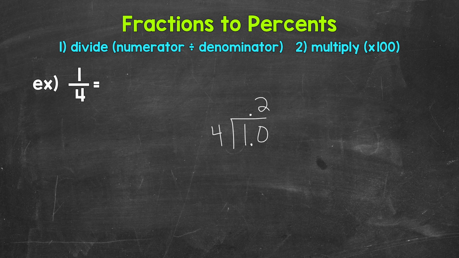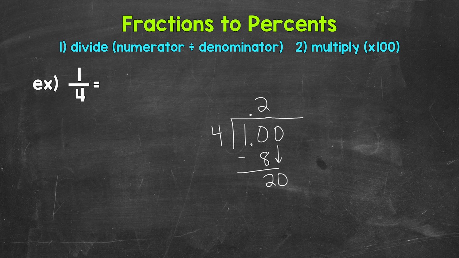Now we multiply. 2 times 4 is 8. Subtract. 10 minus 8 is 2. We don't have a clean-cut 0 there at the bottom quite yet, so we can use another 0 that we can bring down. And now we have 20. I'm going to extend the division bar here.